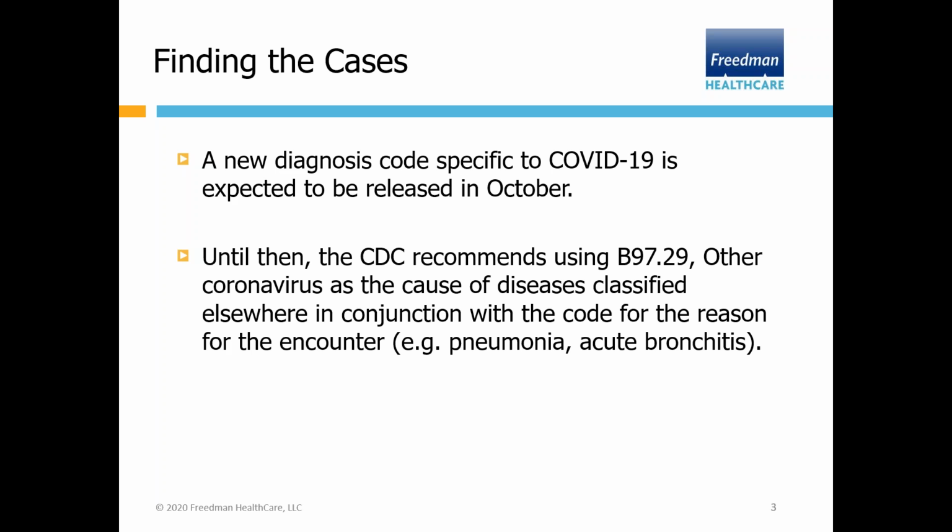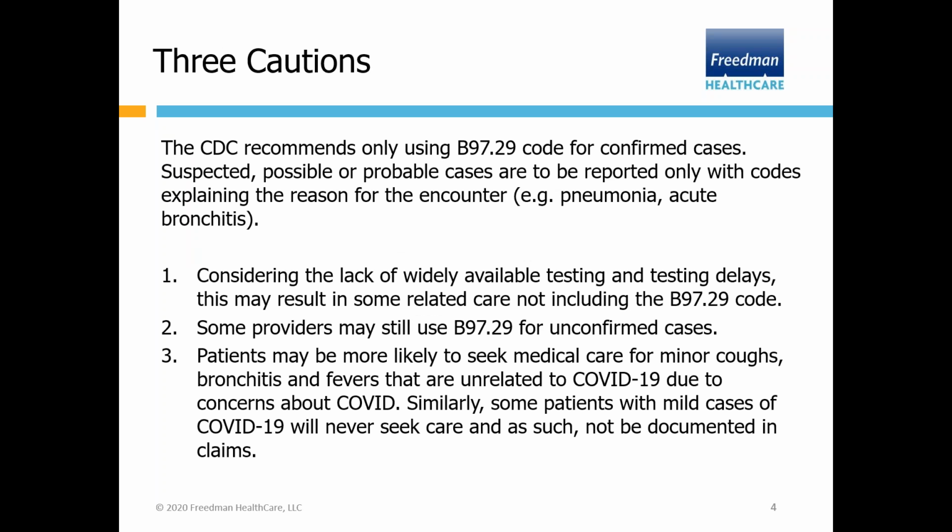As you'll see in just a second, it's going to be really important to note that there's going to be that additional code for the reason for the encounter, because the CDC recommends only using that B97.29 code for confirmed cases. Suspected, possible, or probable cases are only supposed to be reported with the reason explaining the encounter.